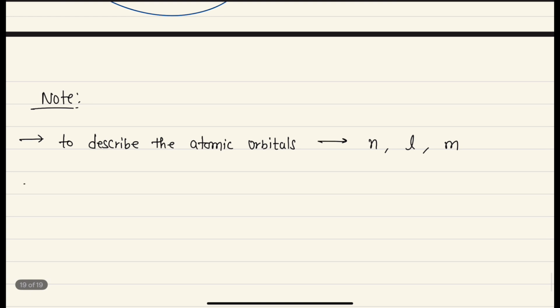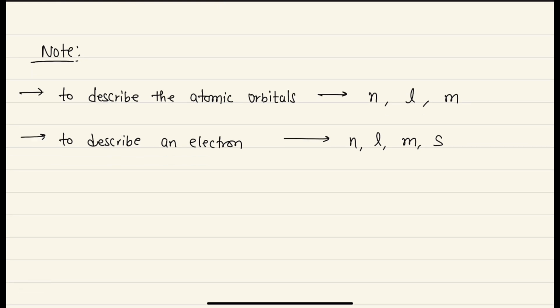And similarly, to describe an electron, we need four quantum numbers, one extra, the spin quantum number: n, l, m and s. Clear everyone? Right.